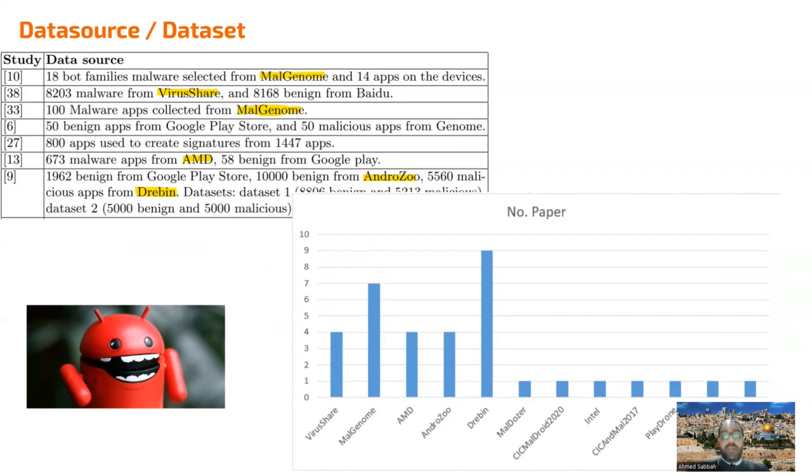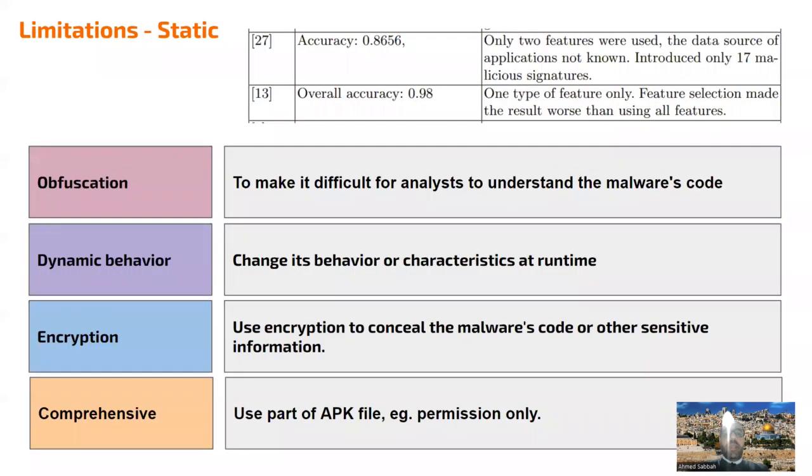For each paper, we determine the number of samples used, malware or benign, and the dataset used, as shown in the figure. Now we will talk about the limitations of each paper: the limitation in the approach, in the method, in the result, in the sample, in the dataset, and so on.